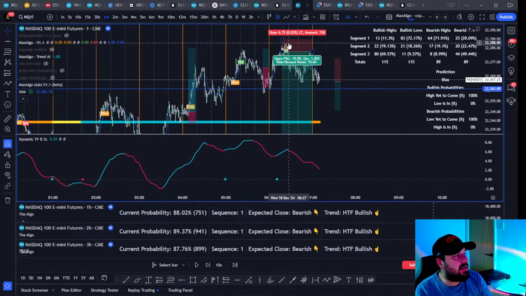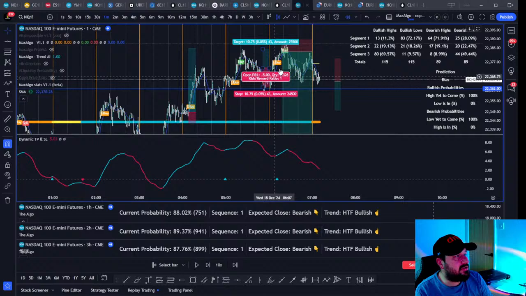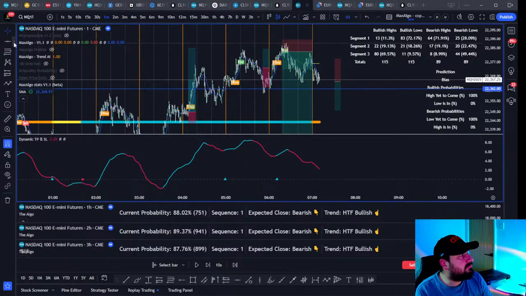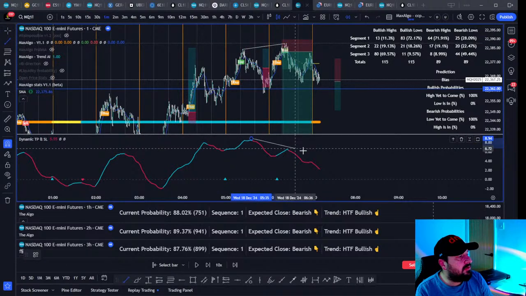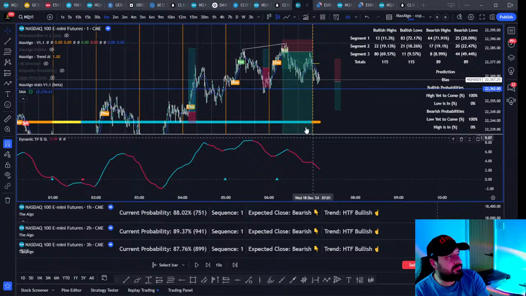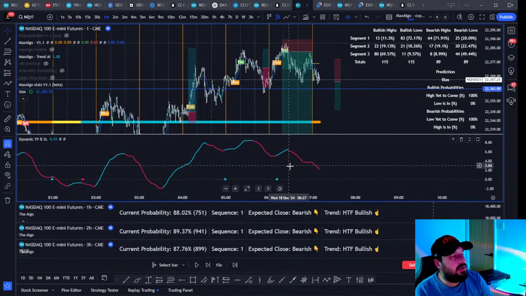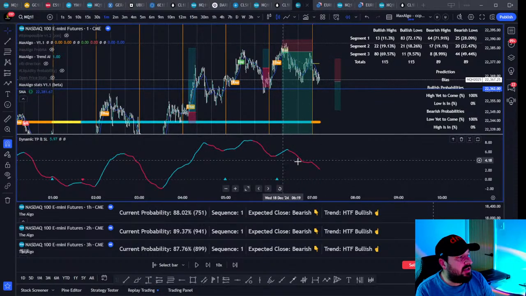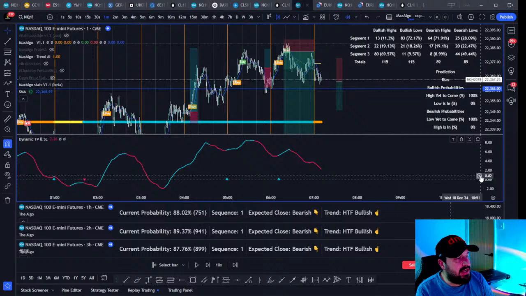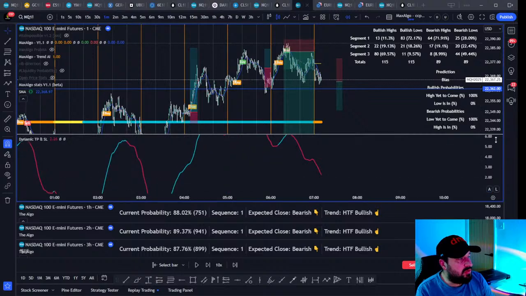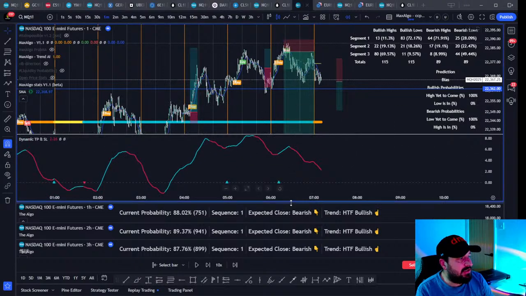So price comes up. So there's your divergence, right? So price coming up, dynamic TP going down. And then we take the low again, and we're really starting to motor towards that level, right?